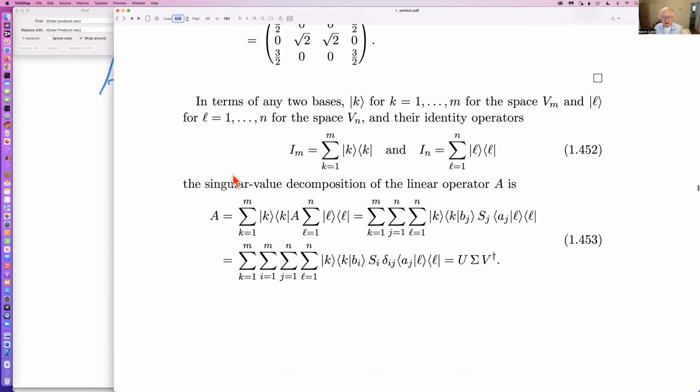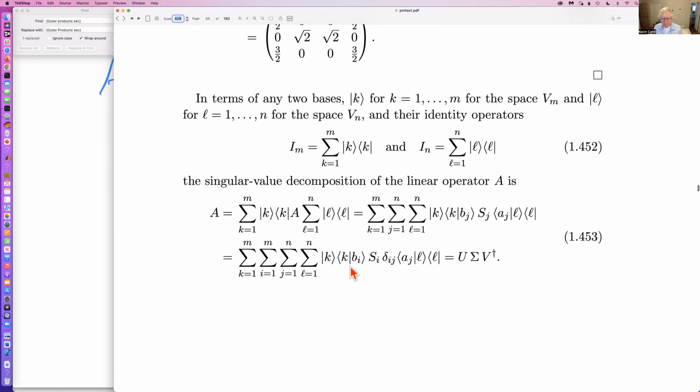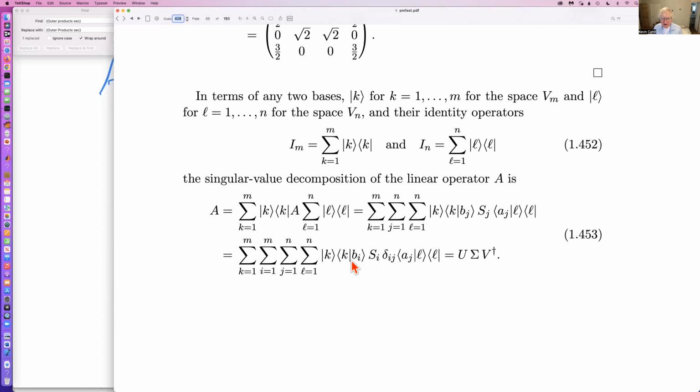So here is another way of saying some of these. You pick two bases for the two vector spaces, write them like this, and then you get this structure here, K K, B_J, S_J, A_J, L L. That gives us S_I delta_IJ, and this altogether is U sigma V dagger.